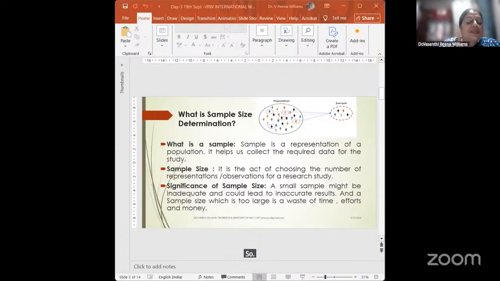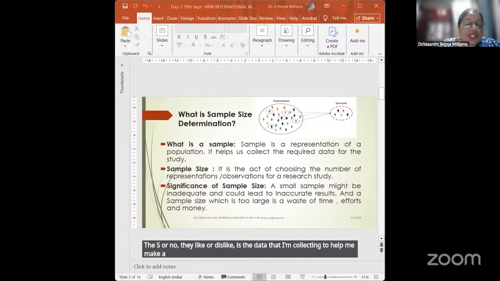So therefore, for every research, what we require is data. What I collected from students, the yes or no, they like or dislike, is the data that I'm collecting to help me make a decision.